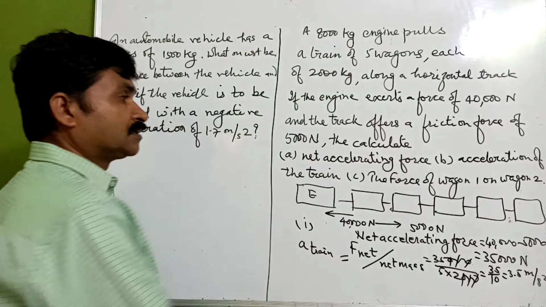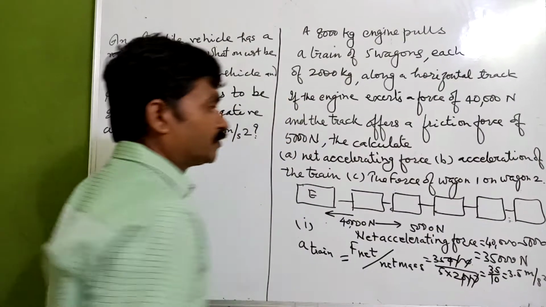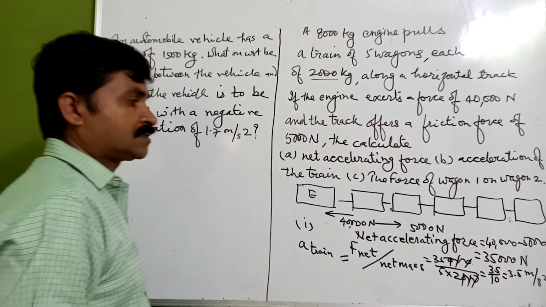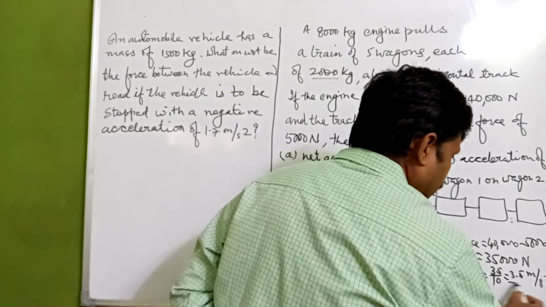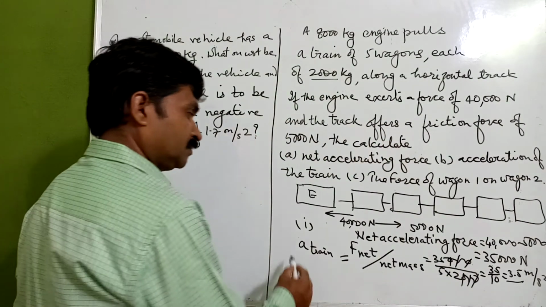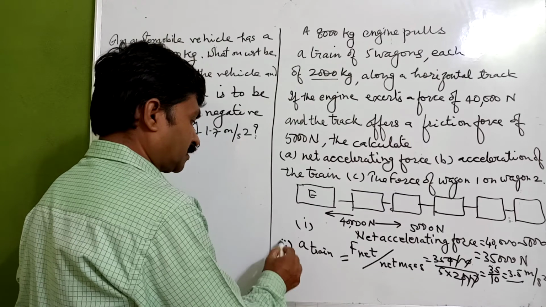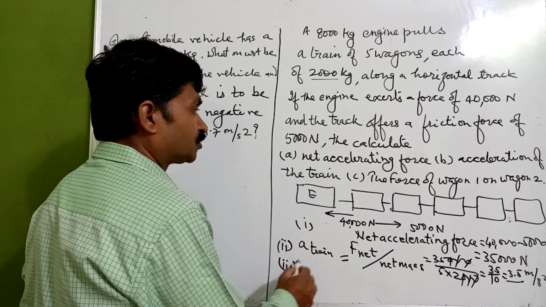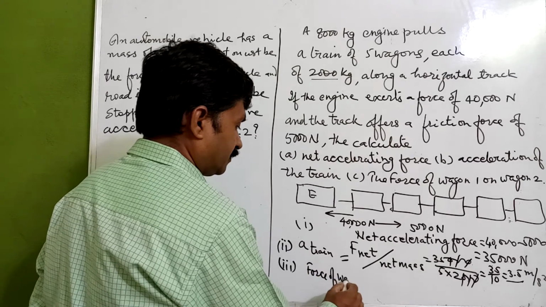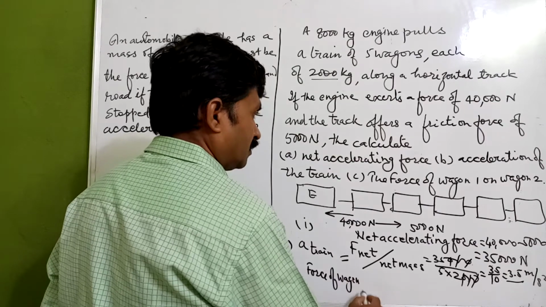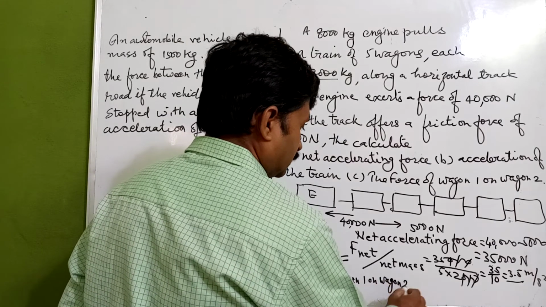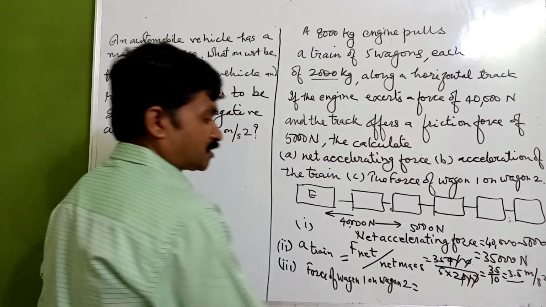Okay. Now the force of wagon 1 on wagon 2. Mass is given to us, and the acceleration we have got is this. So this is the answer which we have got for the second. Now we have the force of wagon 1 on wagon 2, which is mass into acceleration.